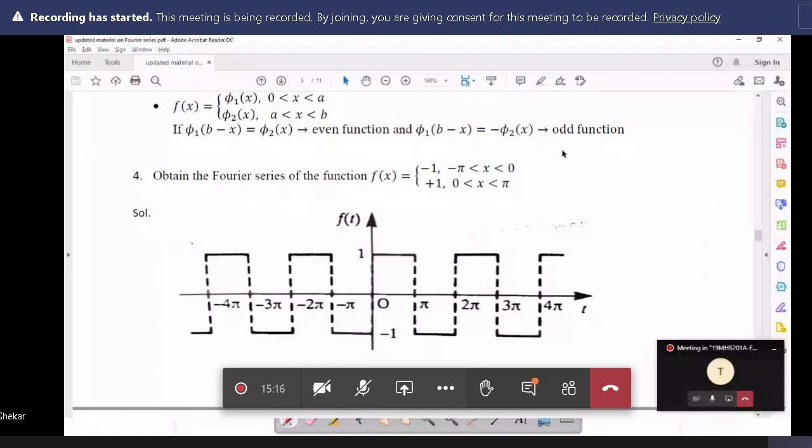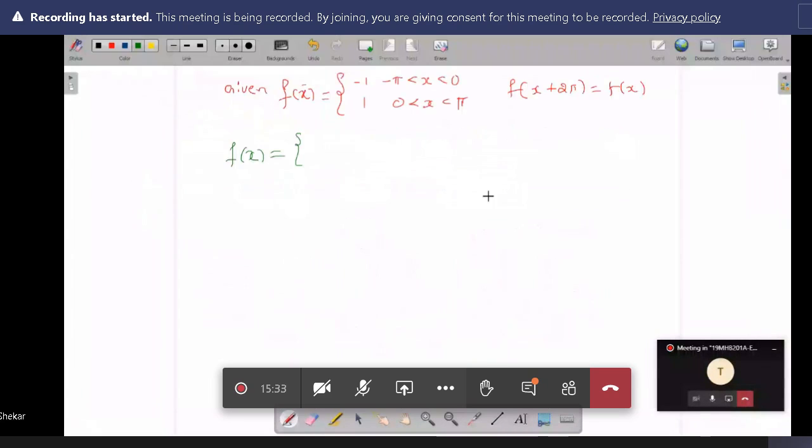I think last class we defined it with an example. Now let me take an example: obtain the Fourier series of the function f of x equals minus 1 in the interval minus pi to 0 and plus 1 in the interval 0 to pi. Okay, that's the same example I have taken.